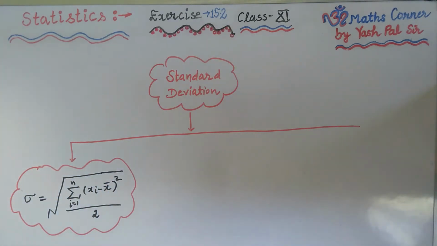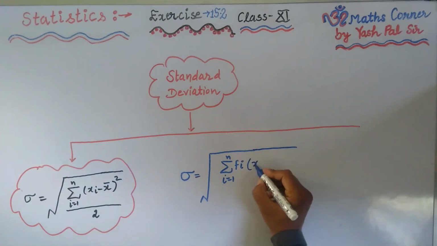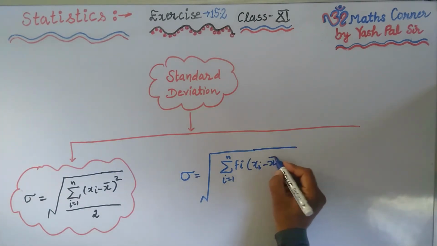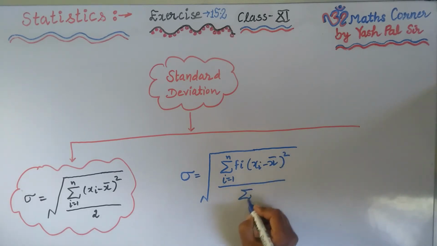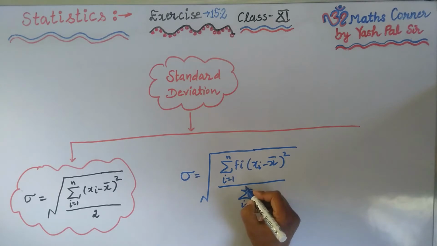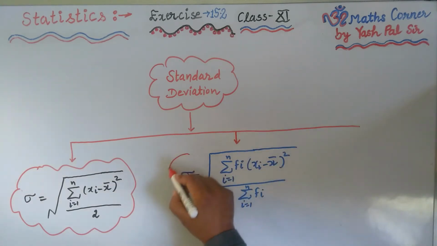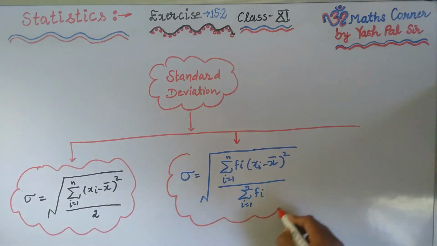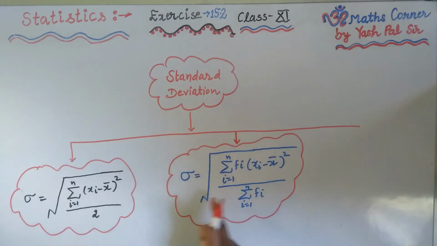In case of grouped data, what we do? We write it this way: summation of fi (xi minus x bar) whole square, divided by summation i equals 1 to n of fi. This is the formula we use when we are taking the grouped data in order to calculate the standard deviation.